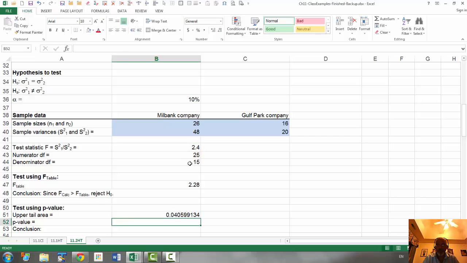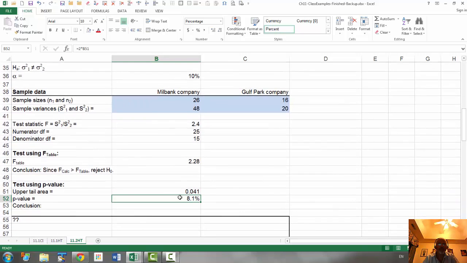Now, if this is a one-tail test, then this will be the p-value. But this is a two-tail test, so we have to multiply by 2 to get the p-value. And the p-value is 8.1%. And with alpha being 10%, since the p-value is less than alpha of 10%, we reject the null hypothesis.